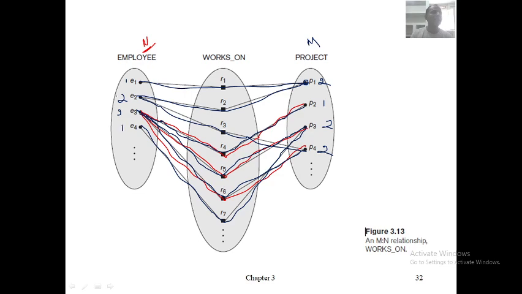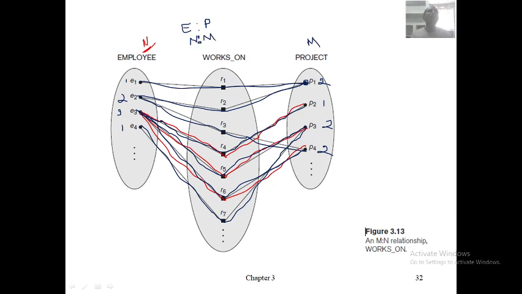Hence, this cardinality ratio I have taken as n. Therefore, employee to project, what is the cardinality ratio? N to m.